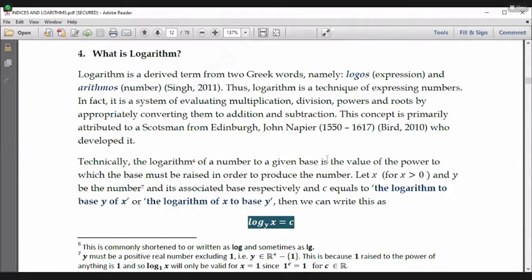The power to which the base must be raised in order to produce that number is what we are calling logarithm. Let that sink in. The power to which you must raise the base to get a given number is what we are calling logarithm. If there are many, we call them logarithms.